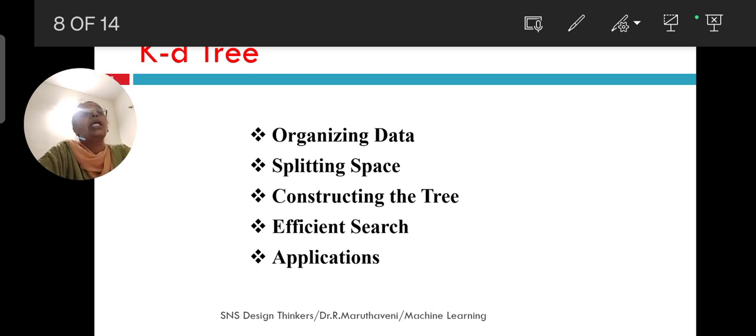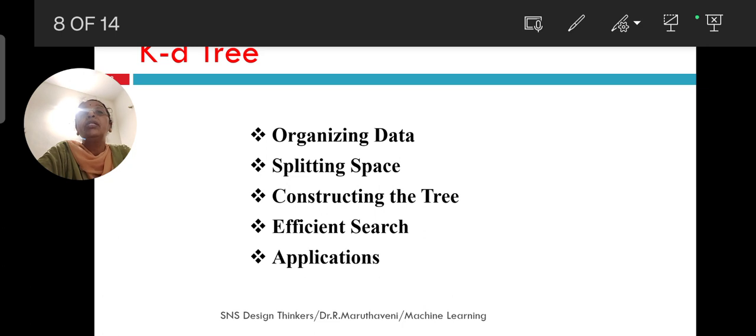Next one is application. KD trees are commonly used in machine learning for tasks like nearest neighbor search, range search, and spatial partitioning. They are especially useful when dealing with high dimensional data where traditional search methods can become inefficient.